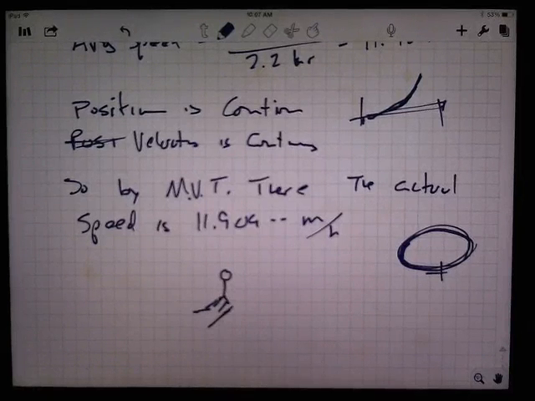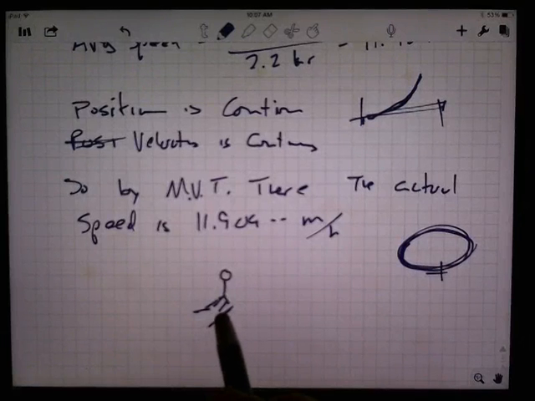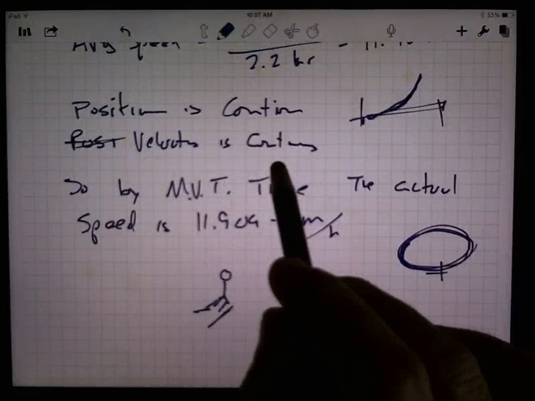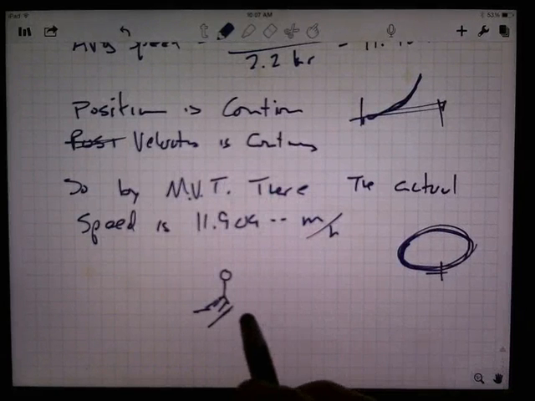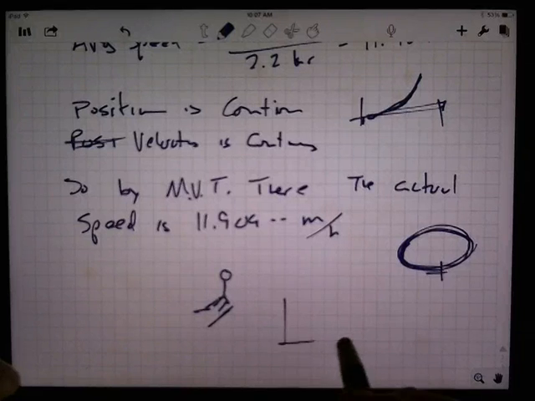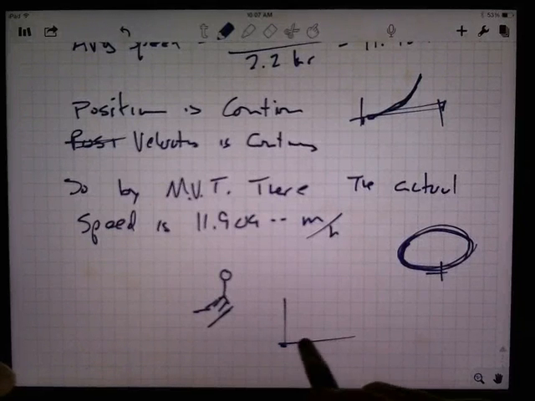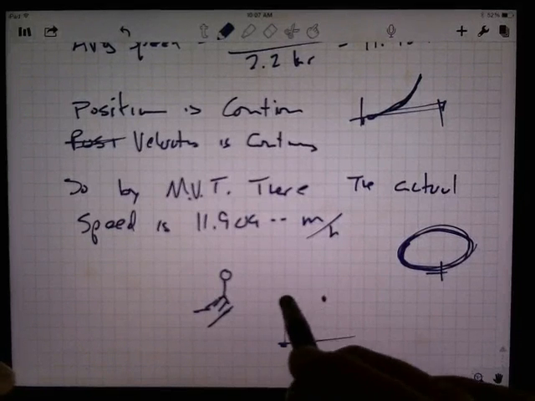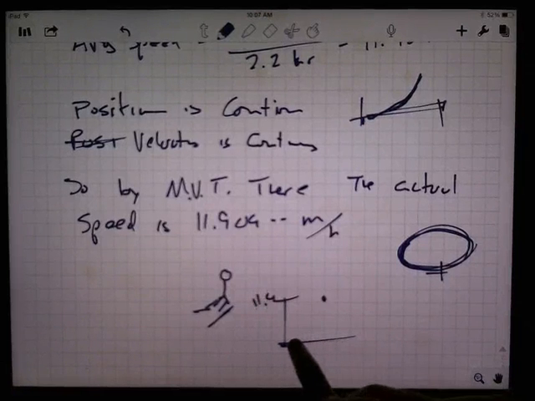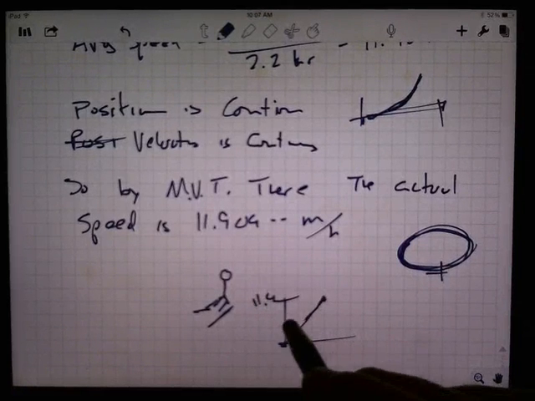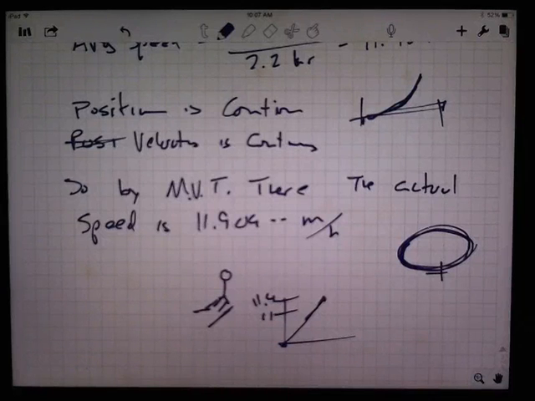Starting line's right here. But their velocity is 0 at that point. So again, the velocity is a continuous thing. If it goes from velocity 0 at the start up to velocity 11.9 at some point, then it must have passed through 11 at some point.